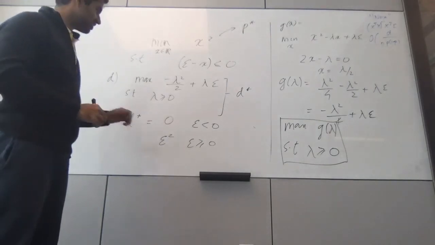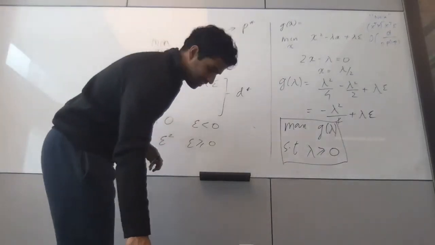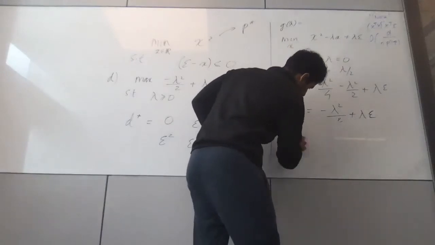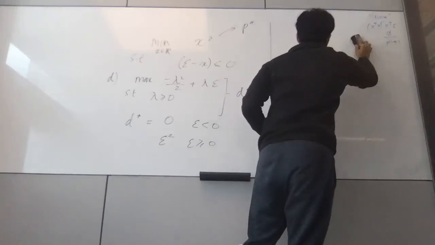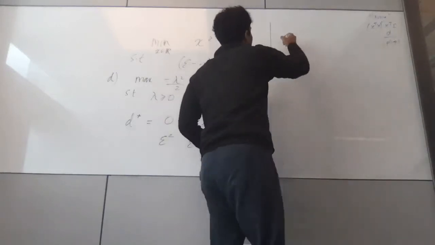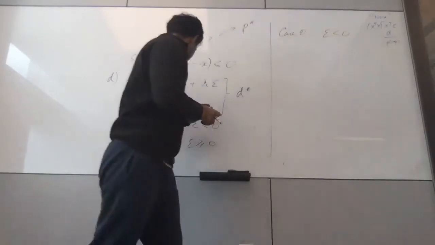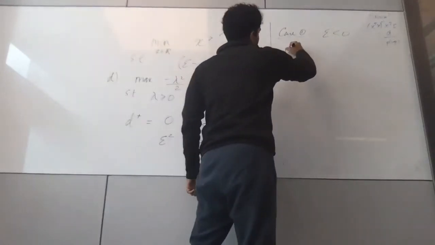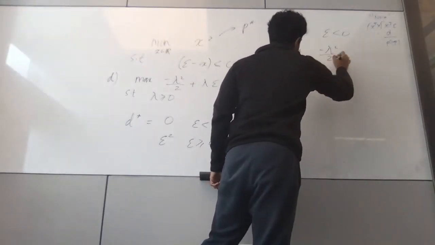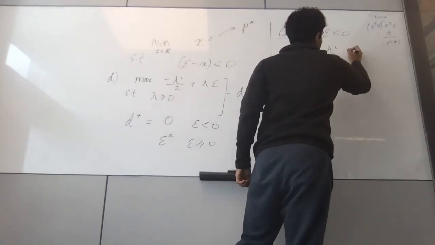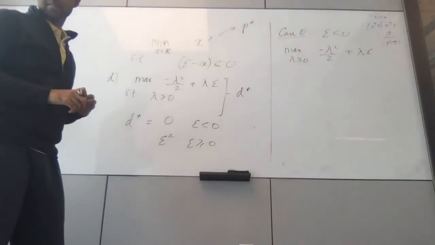So this gives you a clue, right? You probably should be breaking it into cases. So let's consider case 1, where epsilon is less than 0. Your problem now is maximize for lambda greater than or equal to 0, negative lambda squared over 2, plus lambda times epsilon.